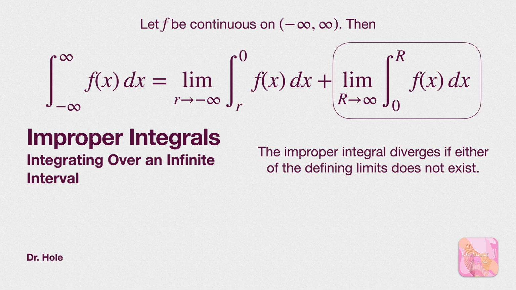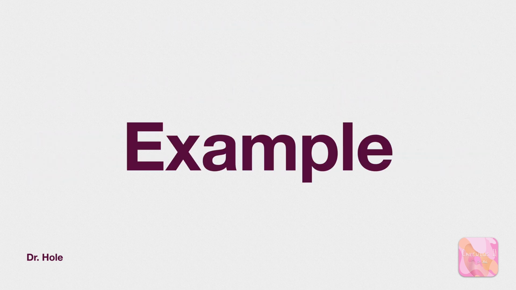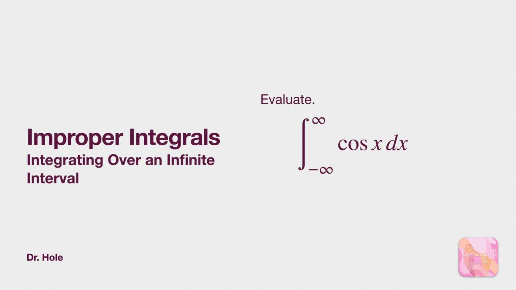Okay, let's do an example. Here our improper integral has bounds negative infinity and positive infinity. The integrand cosine of x is continuous over the entire real line.